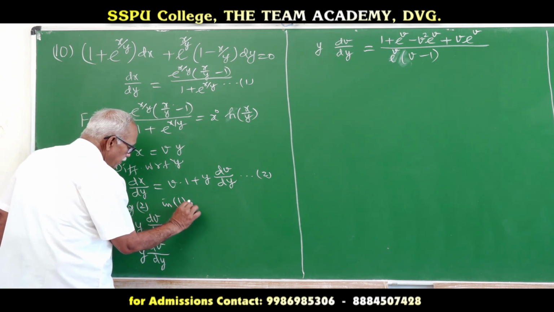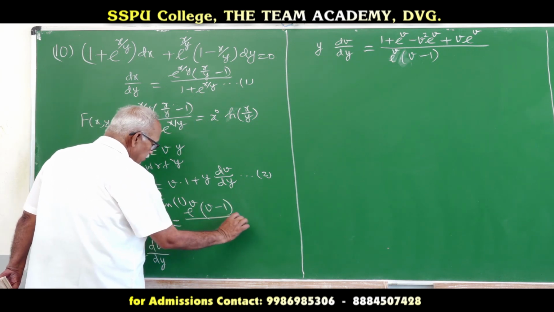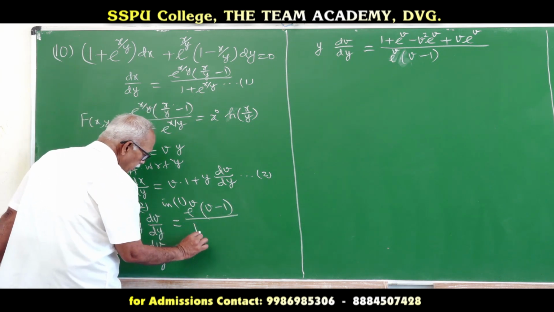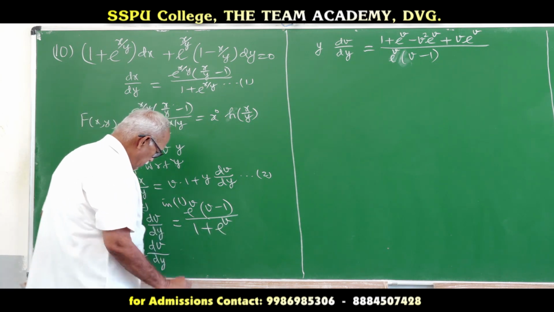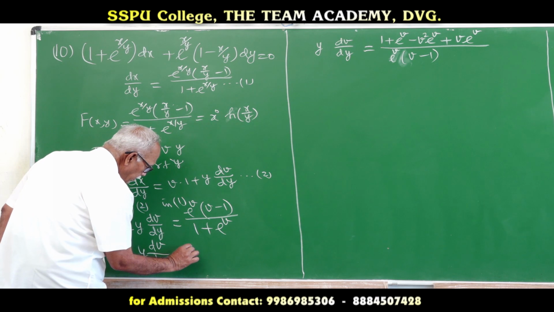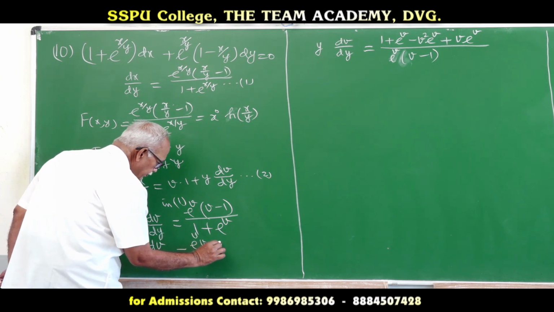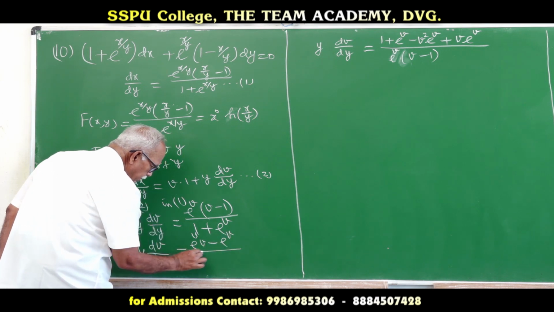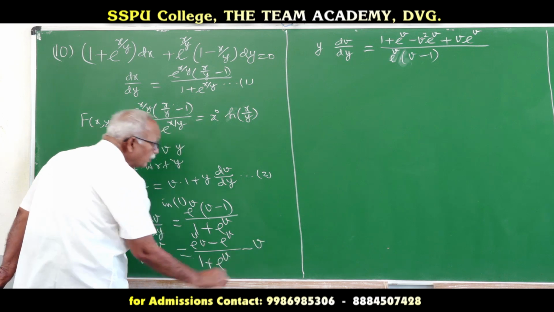That will be e power v into v minus 1 divided by 1 plus e power v. Now, this is e power v into v minus e power v divided by 1 plus e power v, minus v.